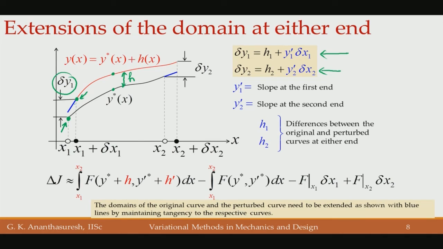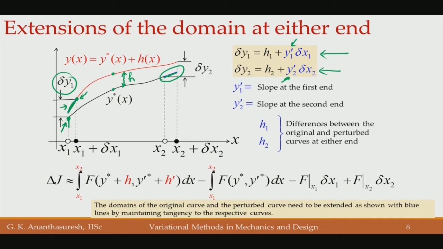If you see, we do not have anything here. If I want to know what h is at this point x1, we do not have a point there because the red curve does not come. So we extend the red curve like this, and I am writing this extended curve over the blue with the same slope, and that is what is given here: y1 prime times delta x1, similarly y2 prime times delta x2, because we are extending that a little bit.